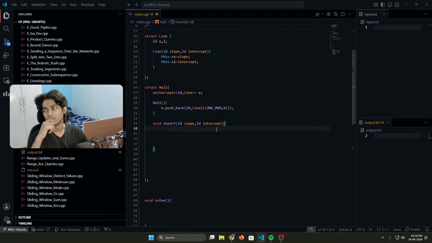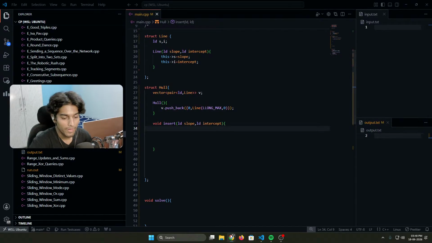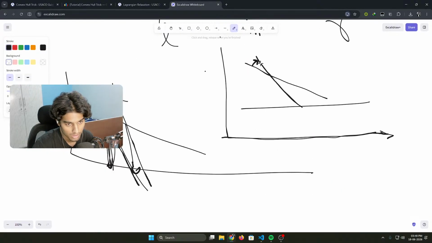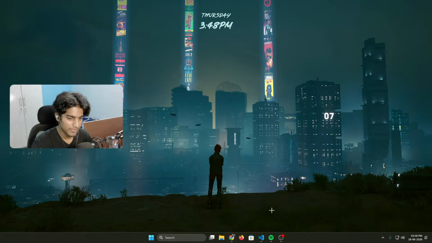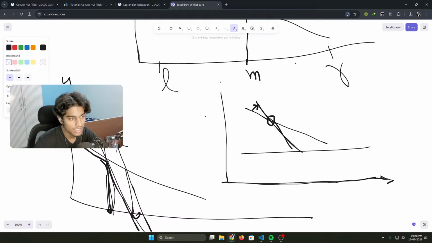Okay, so how do we insert? So this line comes up. We need to find the intersection point. The intersection point is just m1x plus c1 and by is m2x plus c2.